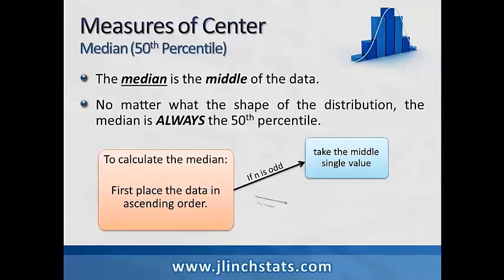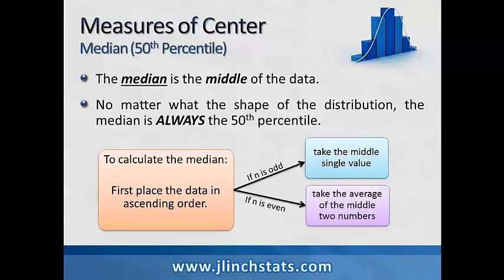If the number of data points is even, we take the average of the middle two numbers. So once again, to calculate the median, if we have an odd number of observations, we're just going to take the middle single value. And if we have an even number of observations, once we put our data in ascending order, we're going to take the average of the two middle numbers.